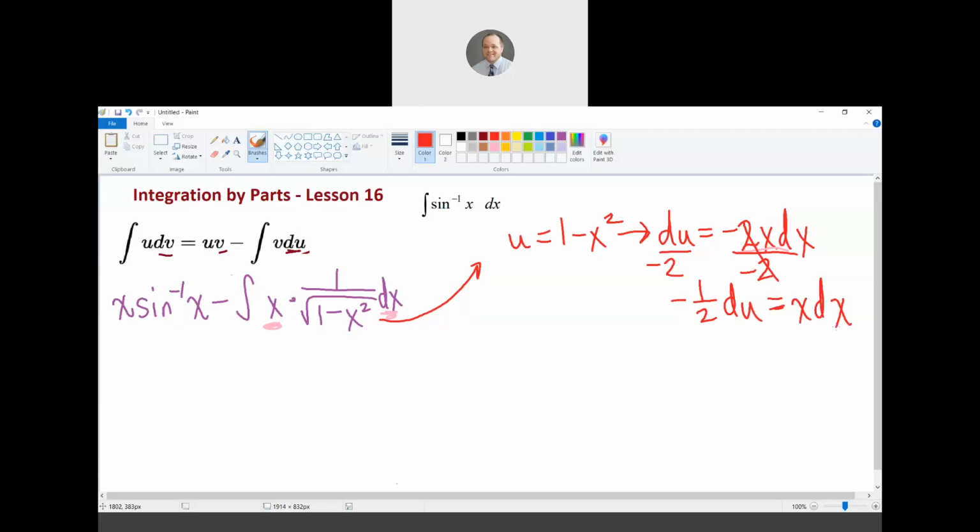Well, now we're ready to plug that into our integral. In place of x dx, that's our negative 1/2 du. But I'm going to move the negative 1/2 in front because it's a constant. And we have du.